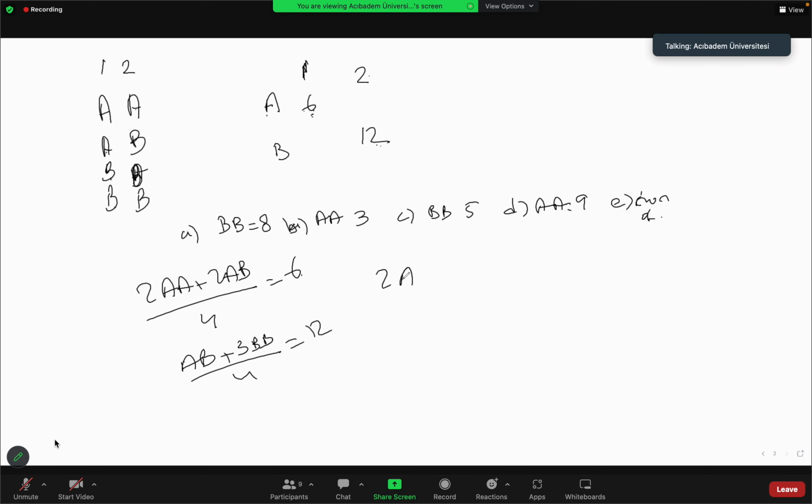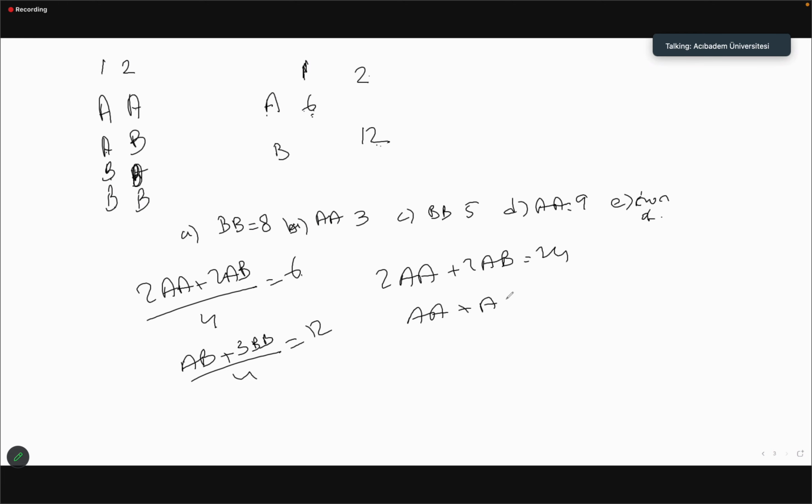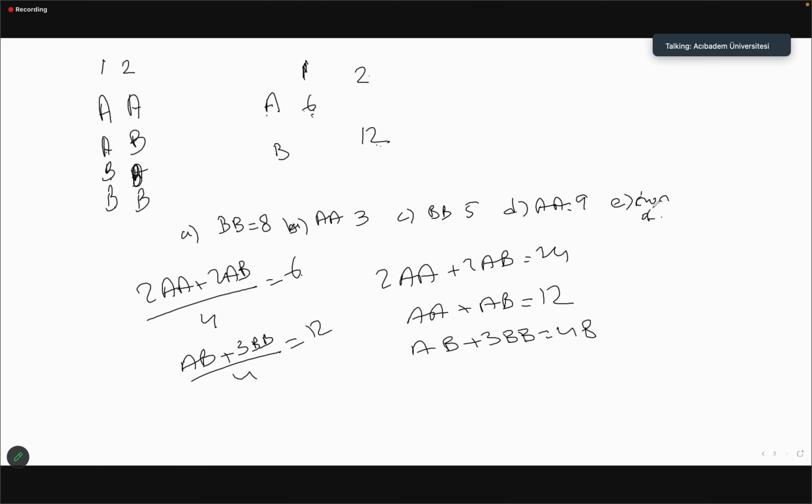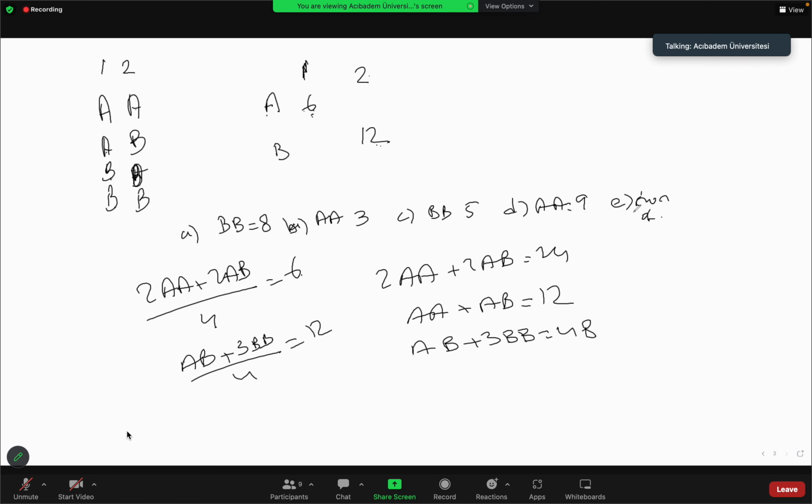So from here you know that 2AA plus 2AB is equal to 24, AA plus AB is equal to 12. And here AB plus 3BB is equal to 48. But from here you cannot find AA, you cannot find AB, you cannot find BB from this given information. So the answer is cannot be determined from the given information.